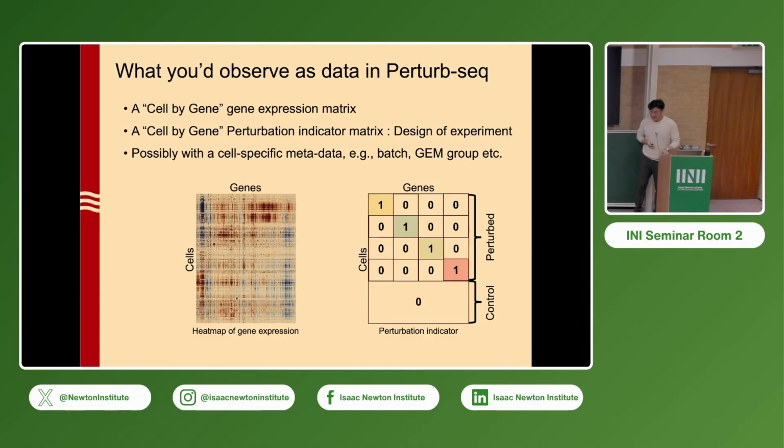Yes, there could be observed covariates, technical factors, that can influence this binary indicator. It could be fully randomized if the experiment is well done, but some covariates can influence it.